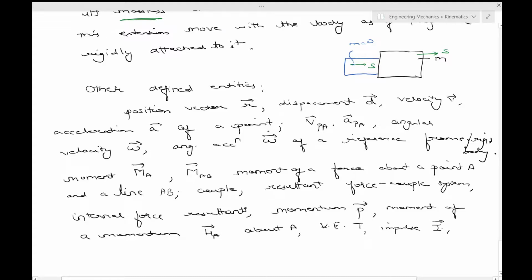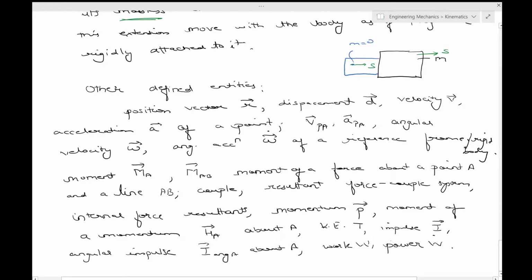Okay, and you can similarly have an angular impulse about A. Then you can have the power, sorry, work W, power W dot.